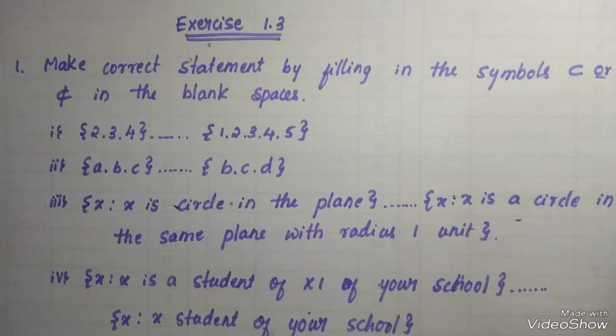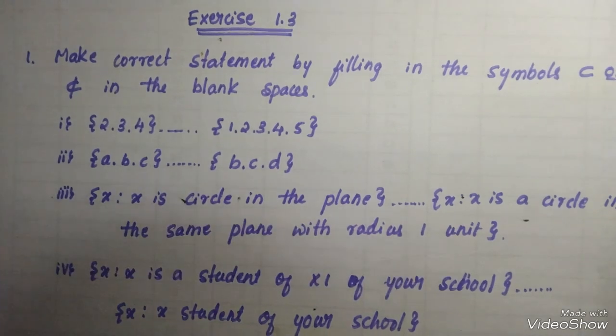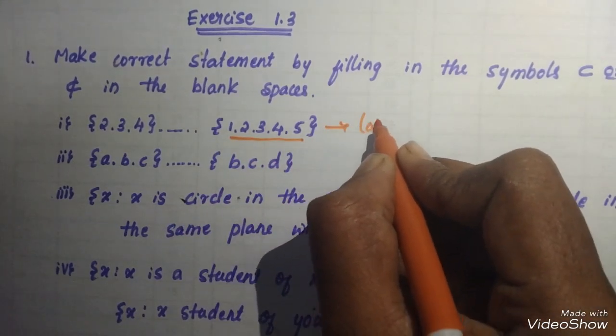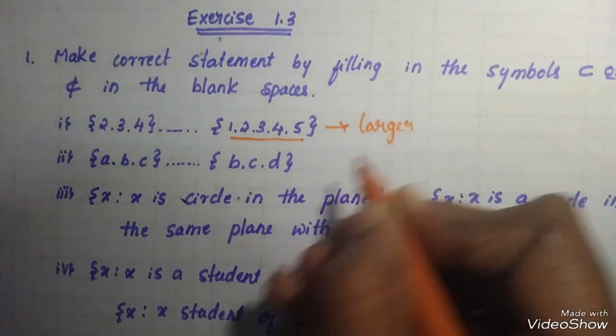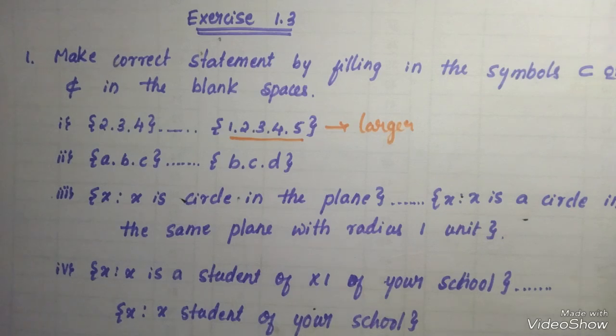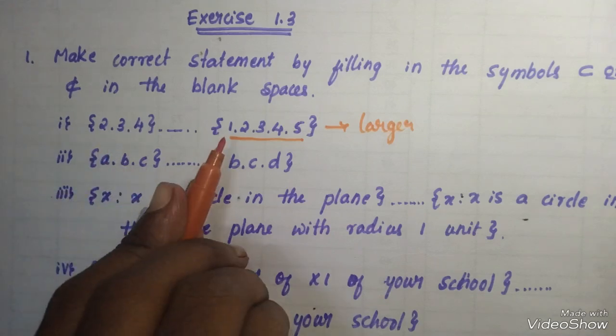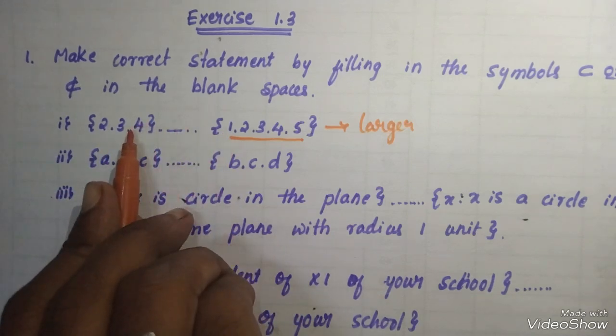Before checking the subset, always remember the right side set is the larger set. Here there is a main set and a subset.